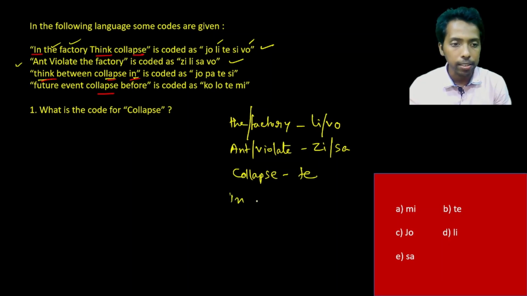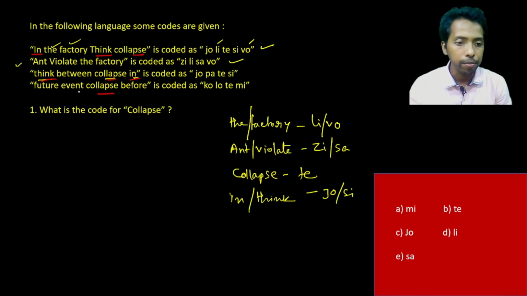And the remaining, that is in and think in any combination, are the left two, that is jo and si.